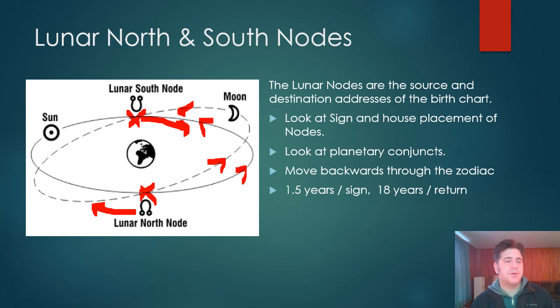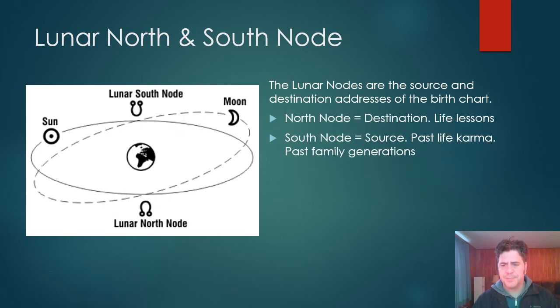That's why it moves backwards through all the signs in the zodiac. It takes about 1.5 years to move through a sign, and then about 18 years to do a complete return.